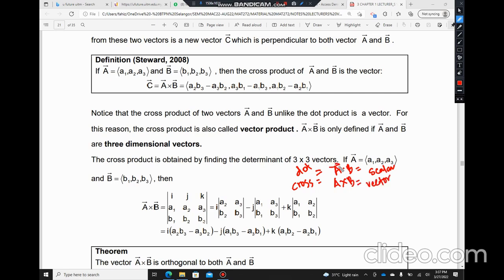Yang ni vektor A, vektor B, tapi bila darab kita guna dot product, dia akan dapat skala, which is just one number. Tapi kalau kita kata cross product, vektor cross vektor, dia akan dapat vektor, bukan skala. So that's why untuk cross product kita panggil juga vektor product. Kalau yang ni kita panggil skala product. So yang tu beza antara dot and cross product.